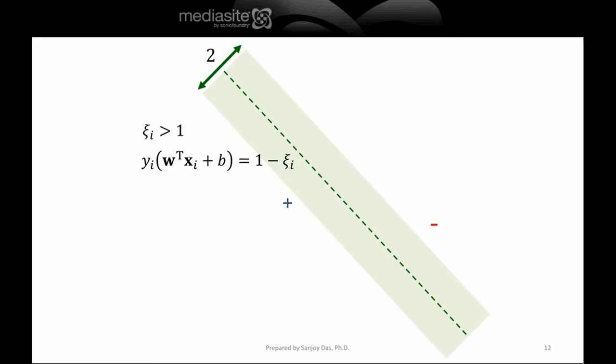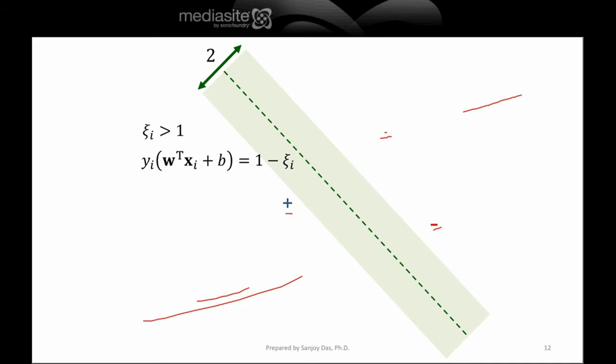For points that actually cross over to the other side, like these 2 points, this point should lie on this side, and this negative point should actually lie on this side, because this is the negative region and this is the positive region.